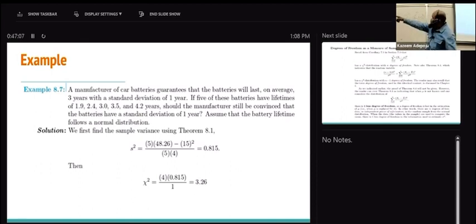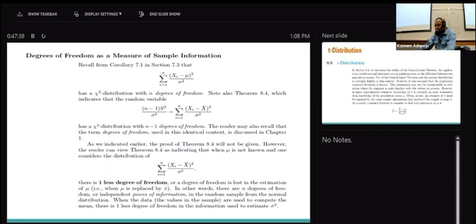The S squared is the sample variance that I compute. Then sigma squared is 1. How do I get 1? Look at it: convinced that the battery has a standard deviation of 1 year. If the standard deviation is 1, the variance is 1. Then this 3.26 now becomes the test statistic for the chi-square.